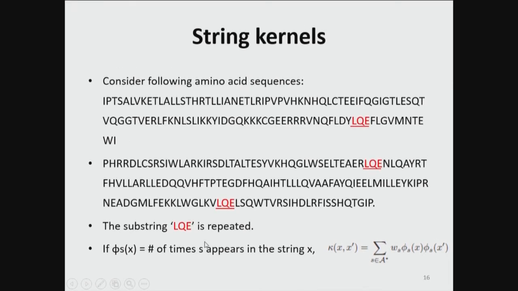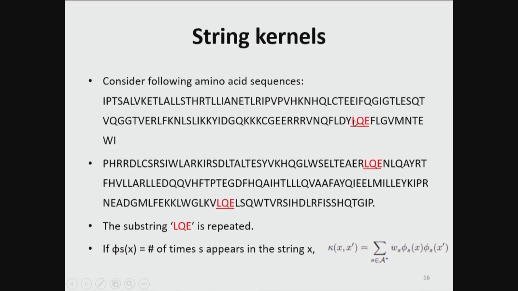Suppose S we denote as the substring, in this case LQE is the substring, and suppose the first string is x1, that is this string. Then the number of times the substring LQE, instead of S over here, appears in string number 1 is nothing but 1.